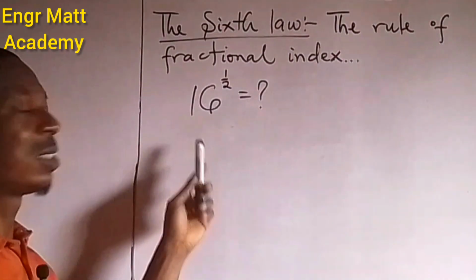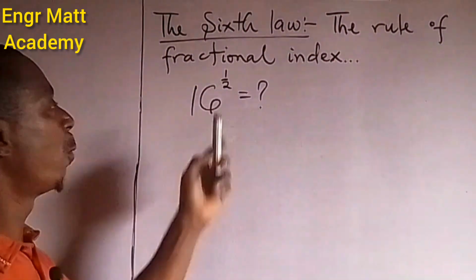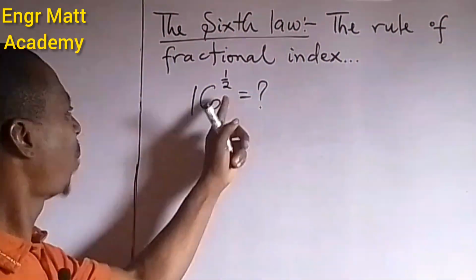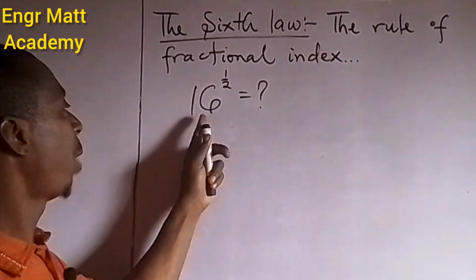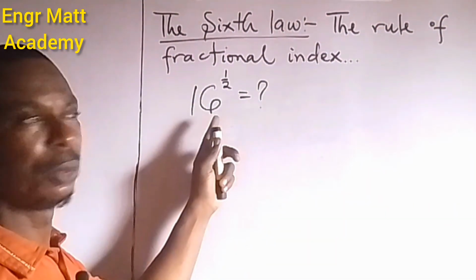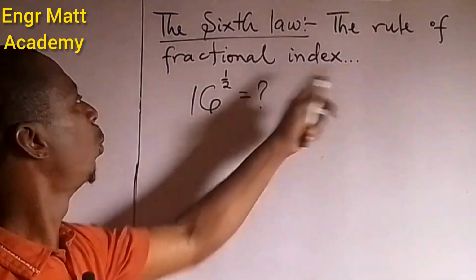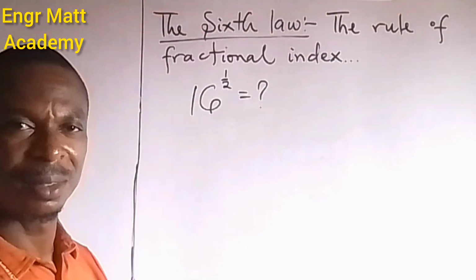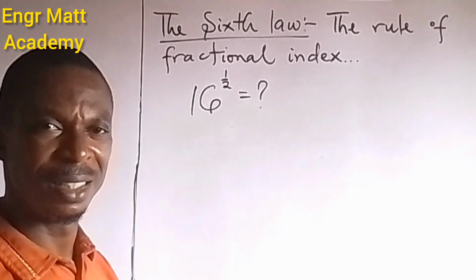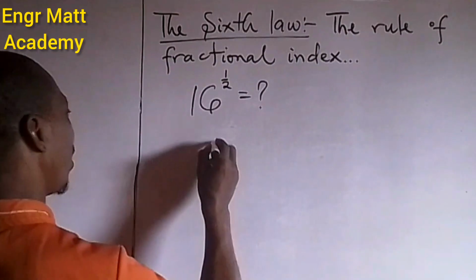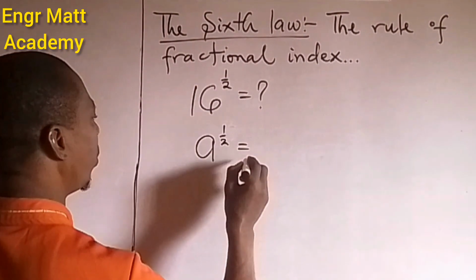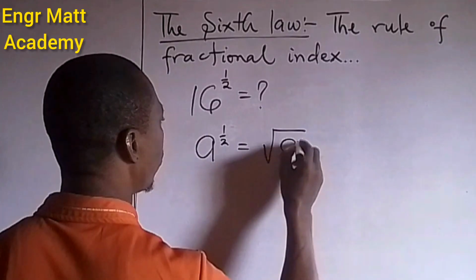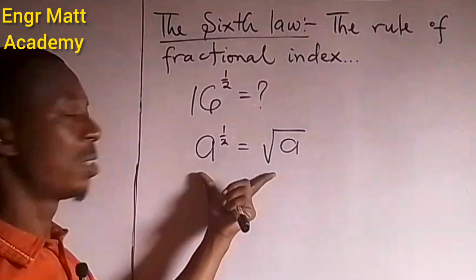On the board, we have 16 raised to the power of 1/2. The power here is a fraction, 1/2. When the power of a number is a fraction, we apply the rule of fractional index. But what does the rule say? It says a raised to the power 1/2 is equal to the square root of a. What does this mean?